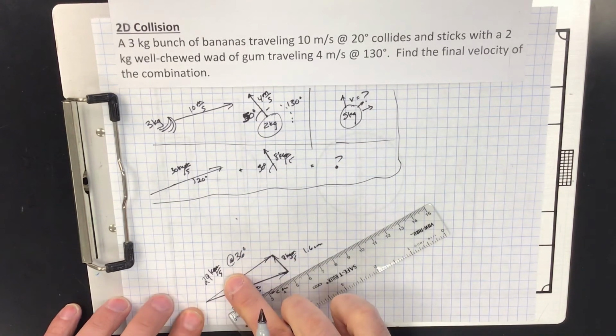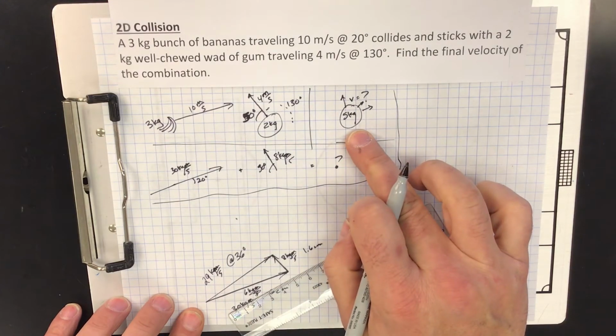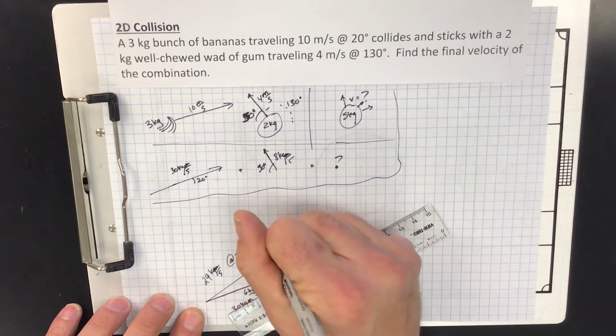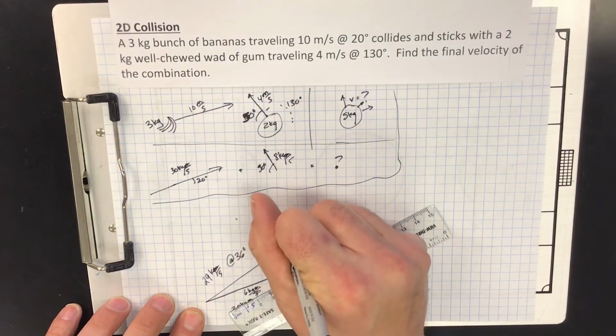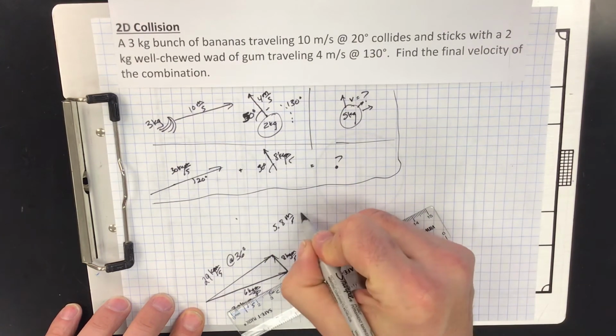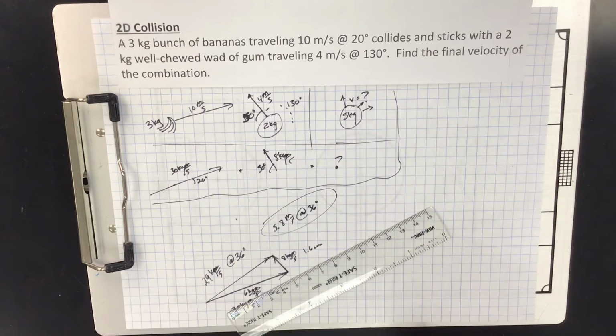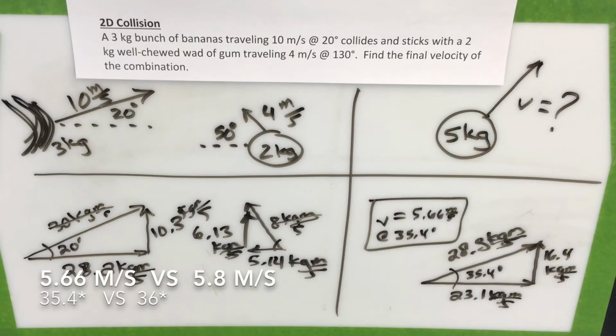And that represents the combination. So 29 divided by 5 is 5.8, which is 5.8 meters per second at 36 degrees. It's pretty close, and it's a whole lot faster. Good numbers.